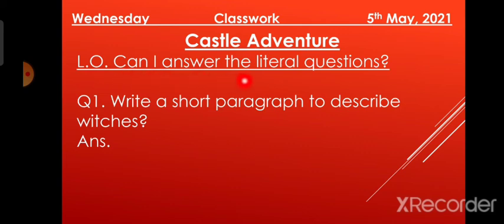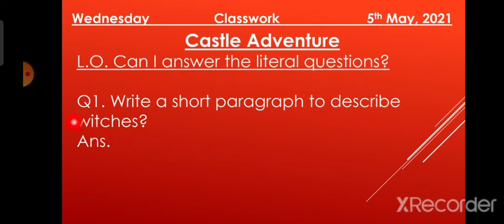Can I answer the literal questions? At the end of the learning objective, don't forget to put a question mark. After writing the learning objective, all of you will leave 1 line. Yes, all of you have to leave 1 line.